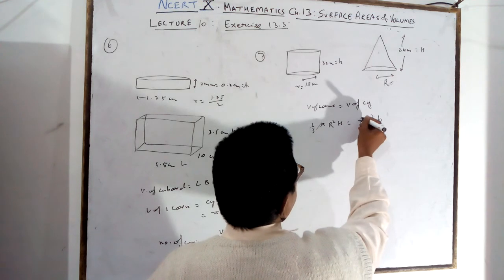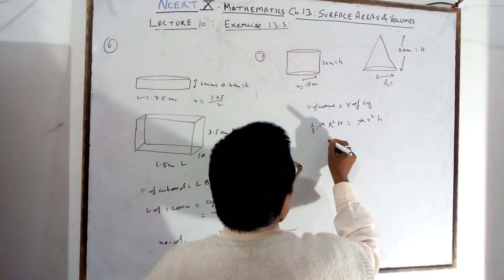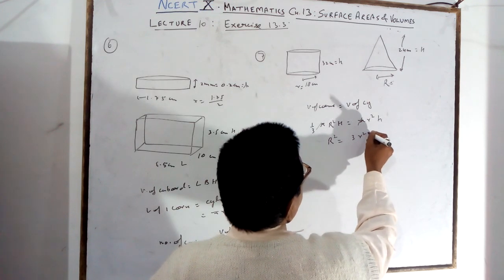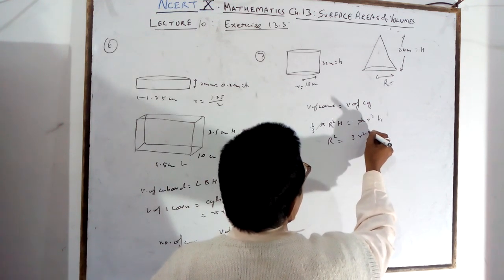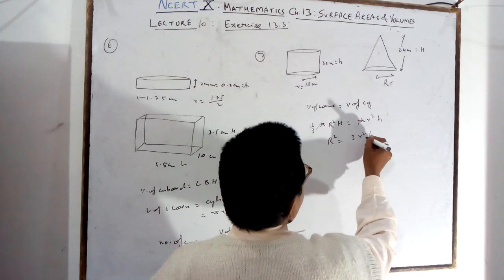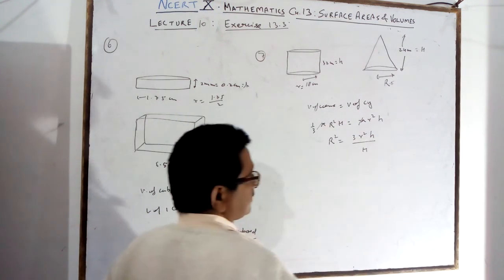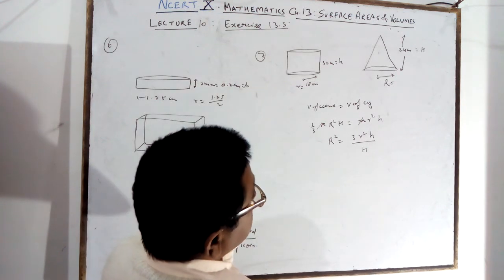Pi cancels. So capital R square is equal to 3 into r square into h upon capital H. Capital H is 24.